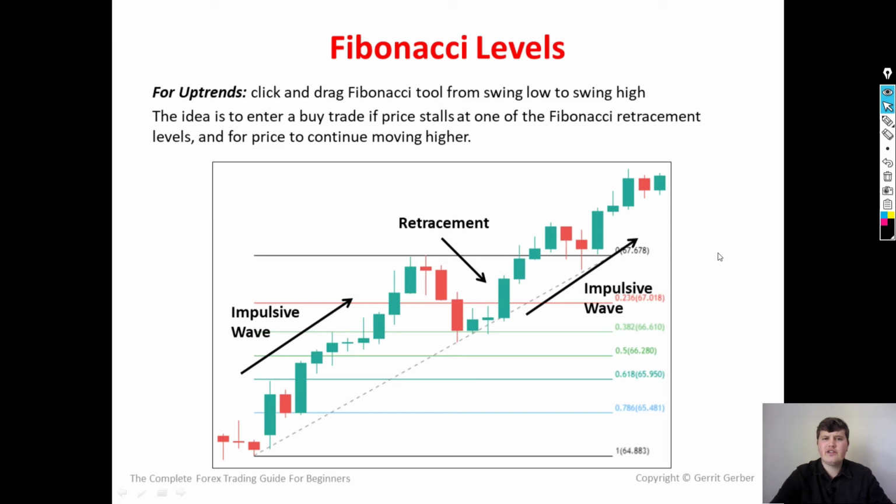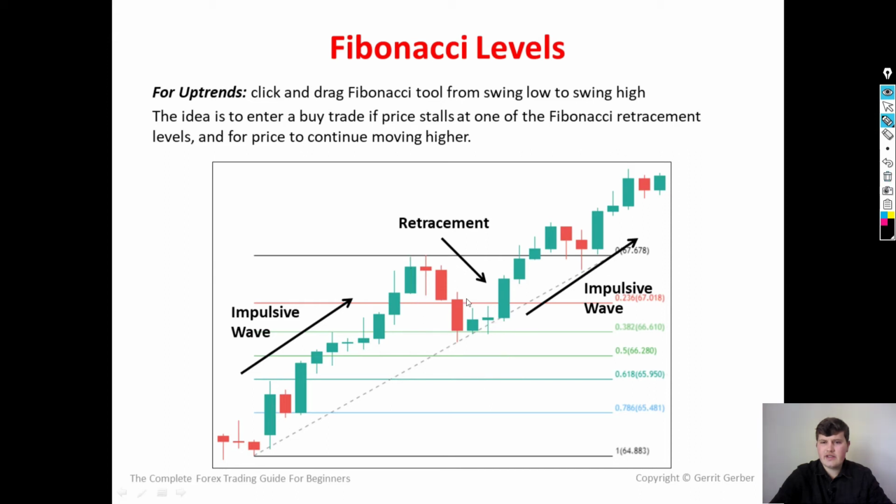So the idea is to enter a buy trade if price starts to stall at one of the Fibonacci retracement levels, and then for price to continue moving higher. So the idea behind Fibonacci is for price to stall anywhere on this Fibonacci wave over here.